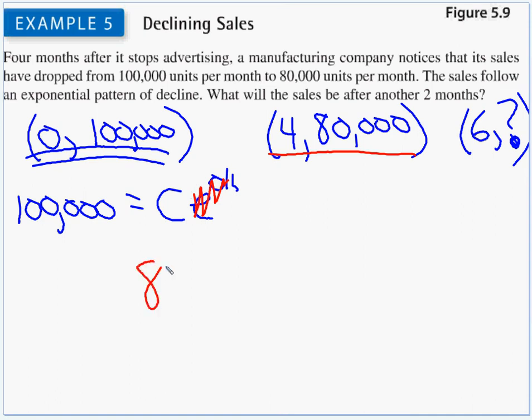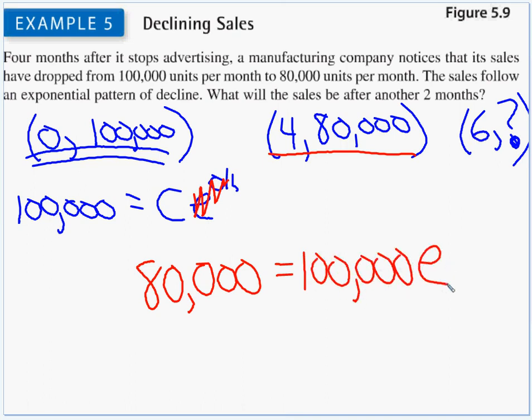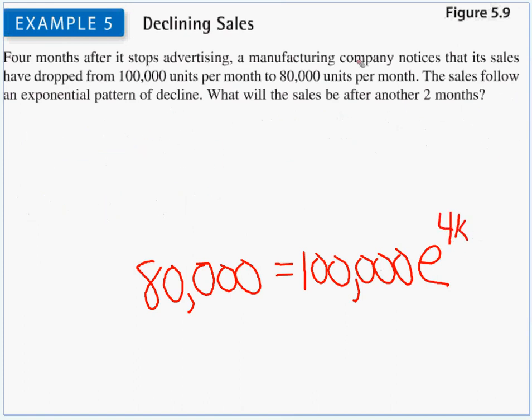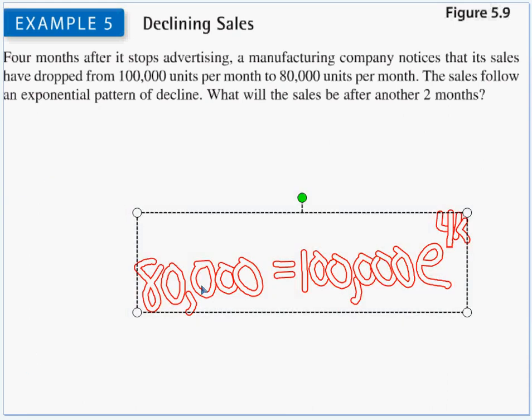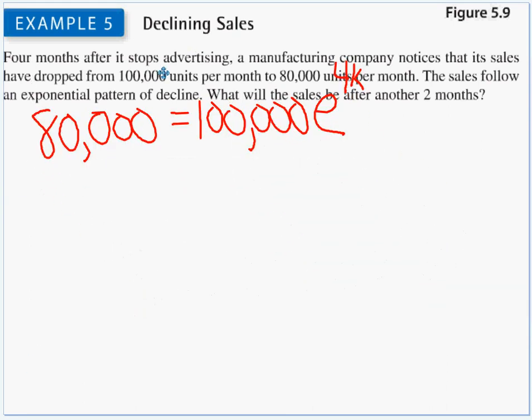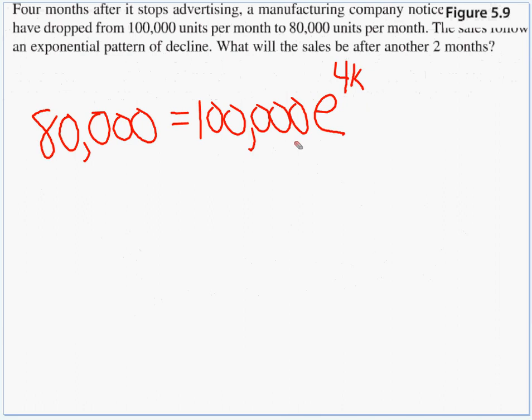Now we're going to use c as 100,000 and this point to solve for k. So y, 80,000, equals c, 100,000, e to the 4k. So to solve for k, divide by 100,000. 80,000 divided by 100,000 is 0.8.